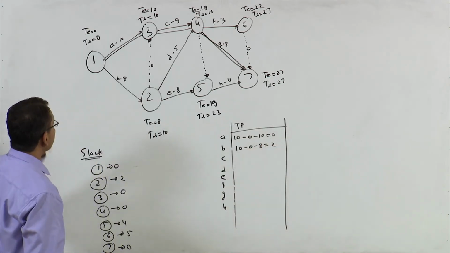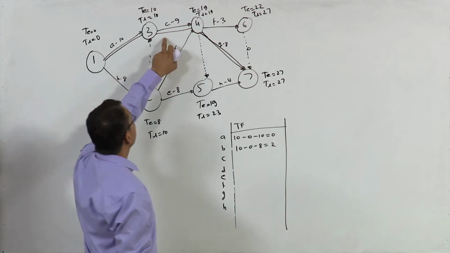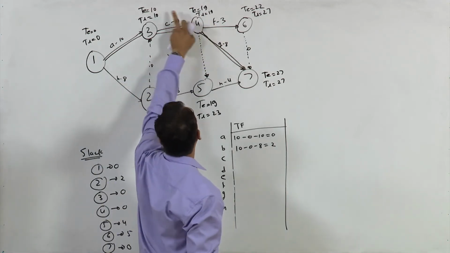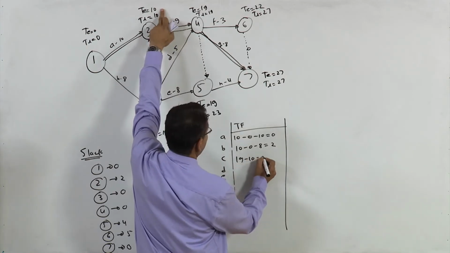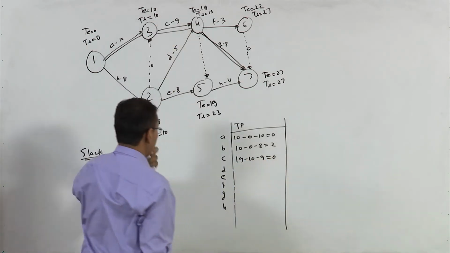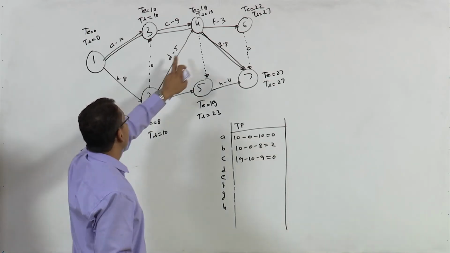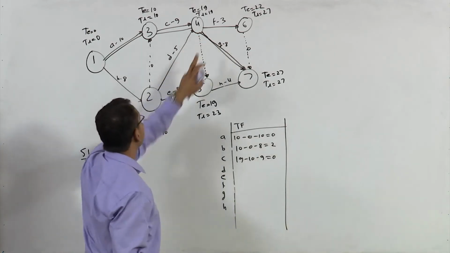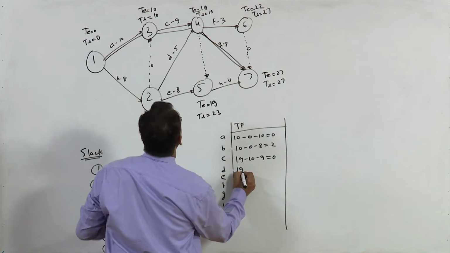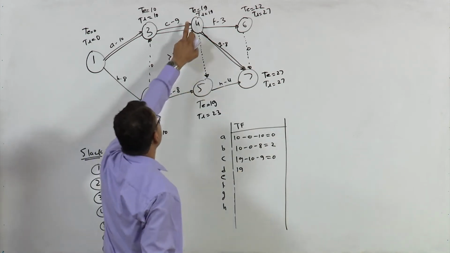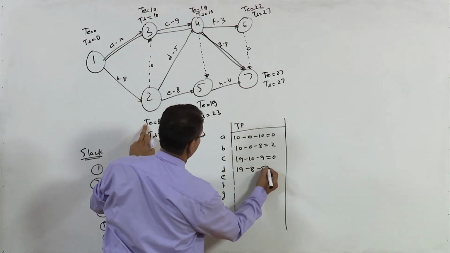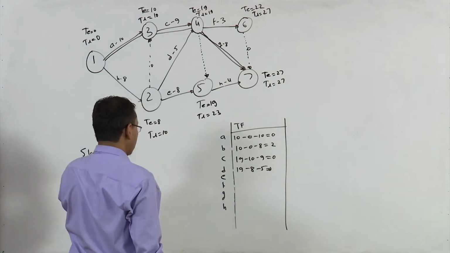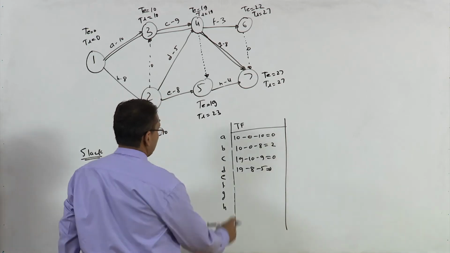For activity C, TL minus TE, so 19 minus 10 minus 9, this is 0. At D, TL minus TE, right? So TL is 19, this is D, TL minus TE minus duration, so this is 6.